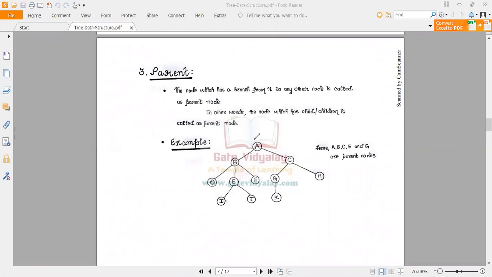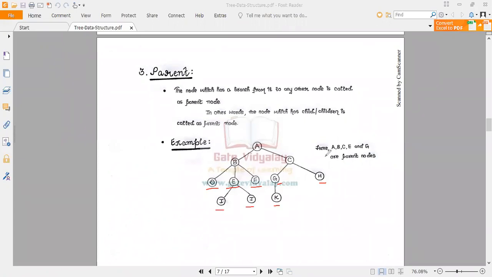So A is the parent node to B and C. B is the parent node to D, E, F. C is the parent to G and H. And E is the parent to I and J, where G is the parent to K.